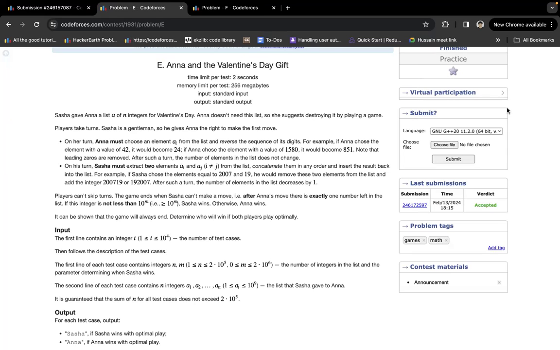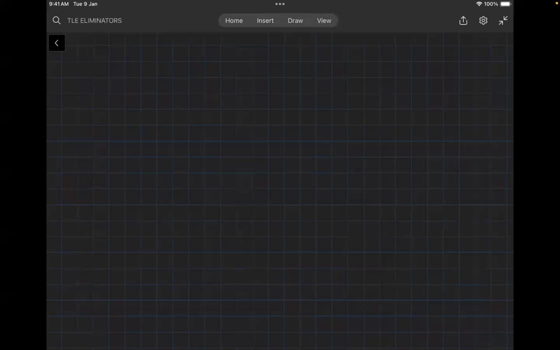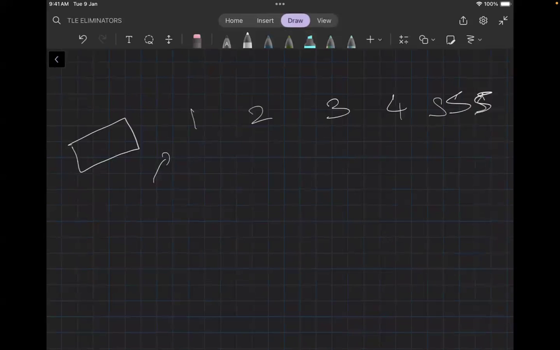Devraj asked, but Sasha will look for another number with max digits, right? No, it does not matter. I'll tell you why. If the array is like 1, 2, 3, 4, 5, or 5, 5, 5, as we discussed, only the number of digits matter. Here, Anna cannot really remove any digits.